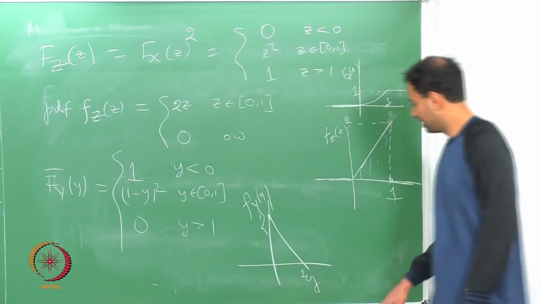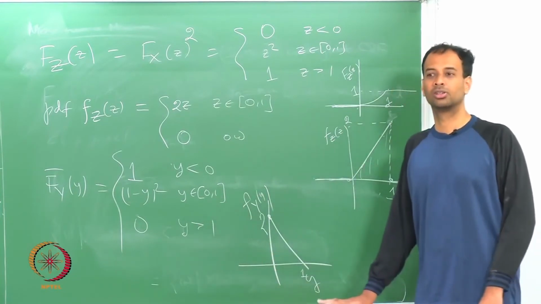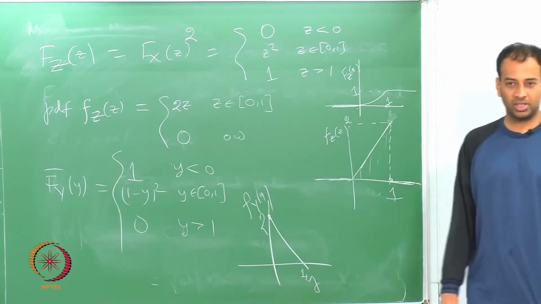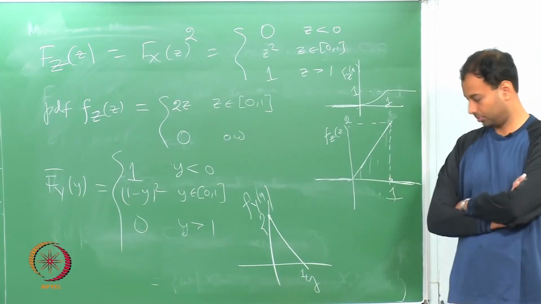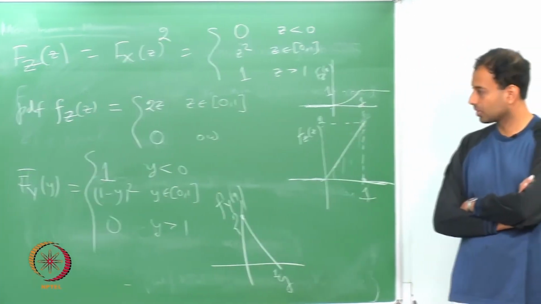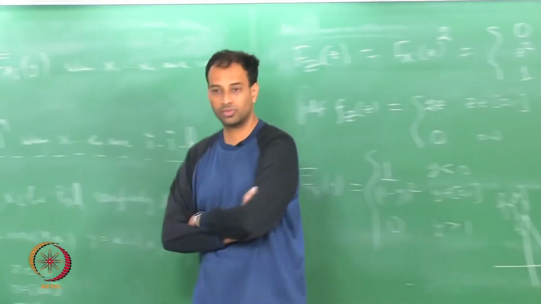So, the minimum has more mass towards 0, as you would expect. Is that clear?